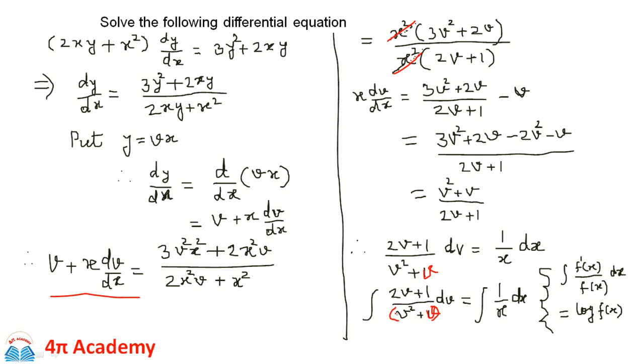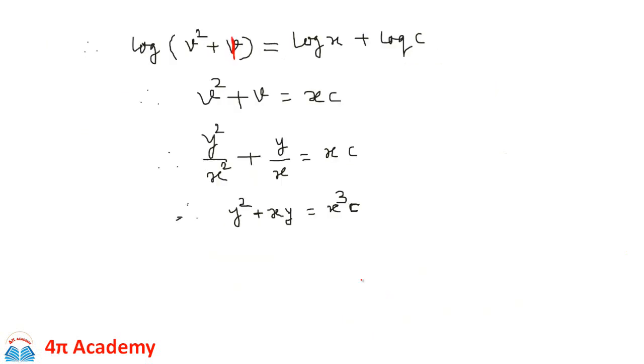Okay, so this is 2v plus 1, so this is the differentiation, and therefore it should be, yes, this is v square plus v.